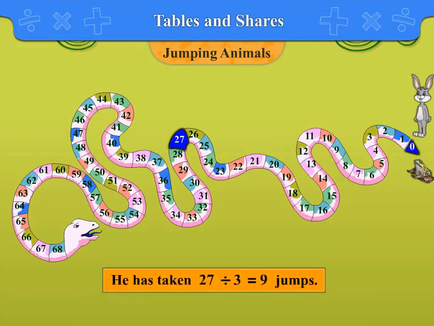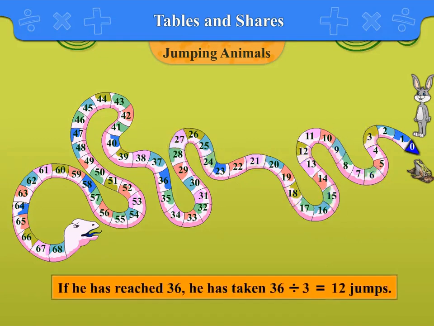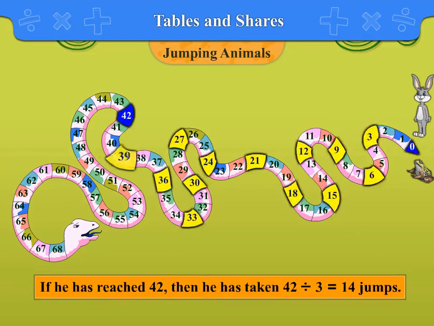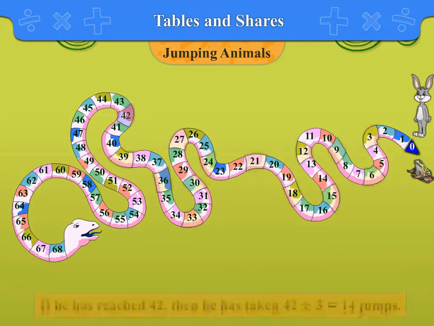He has taken 27 divided by 3 is equal to 9 jumps. If he has reached 36, he has taken 36 divided by 3 is equal to 12 jumps. If he has reached 42, then he has taken 42 divided by 3 is equal to 14 jumps.